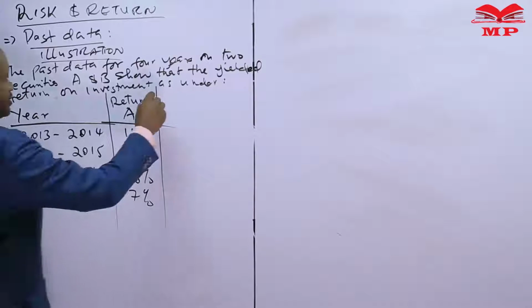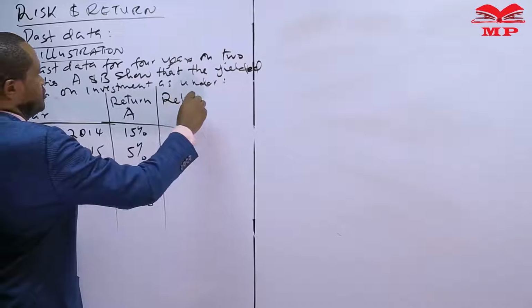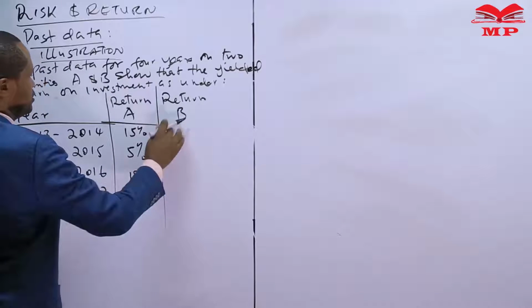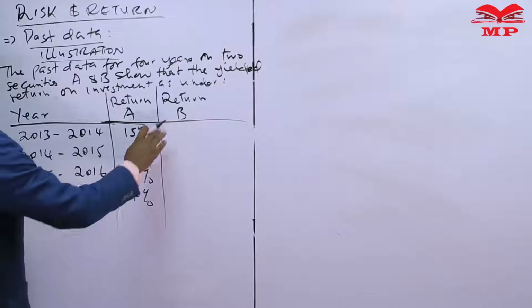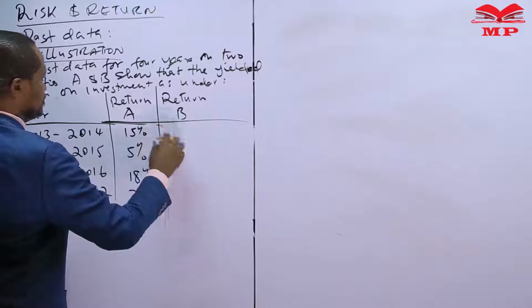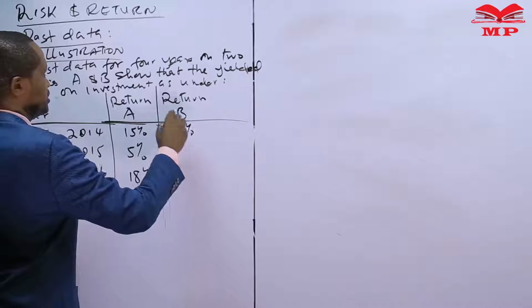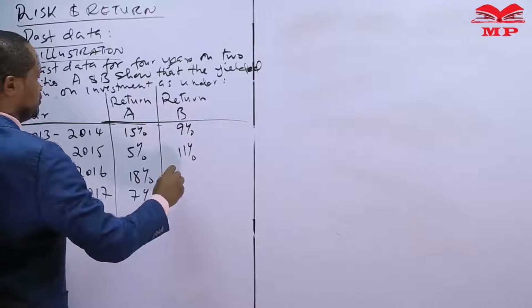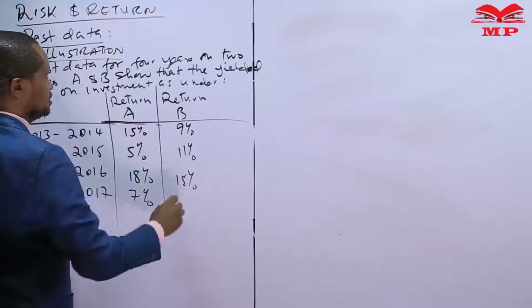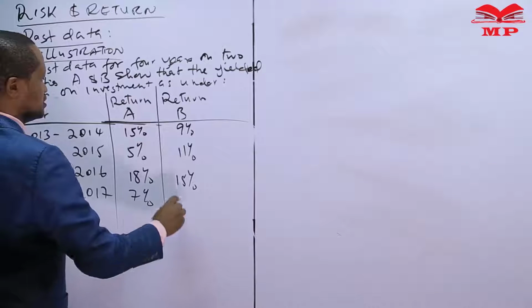The return for security B, we can put it first year 9%, second year 11%, third year 15%, fourth year 10%.